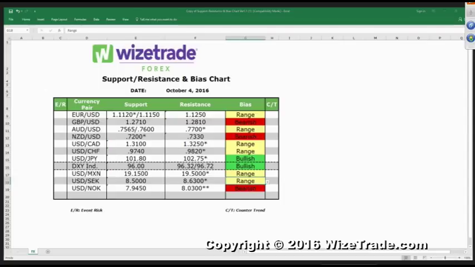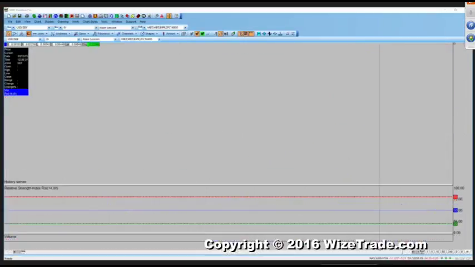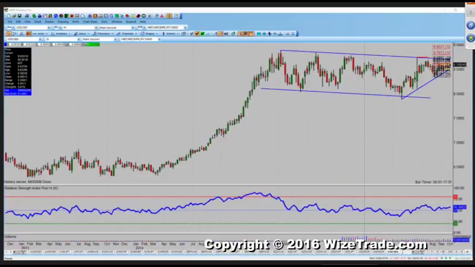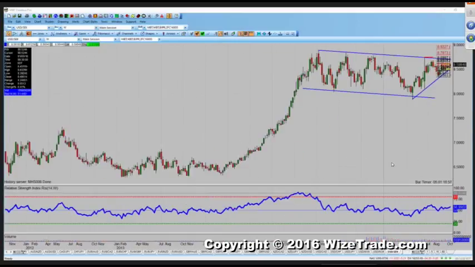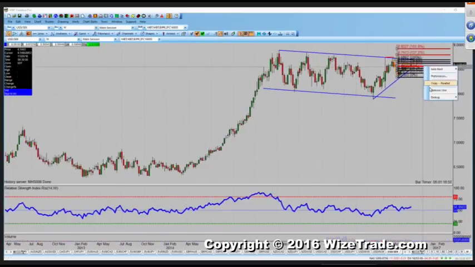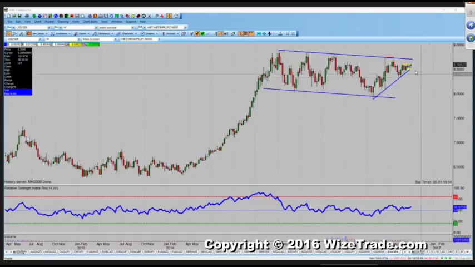I have to show you this chart for those of you that don't normally watch this bad boy. This is the US dollar, Swedish krona. So you can see we're right up against resistance. We break that, and I may be drawing this trend line incorrectly.